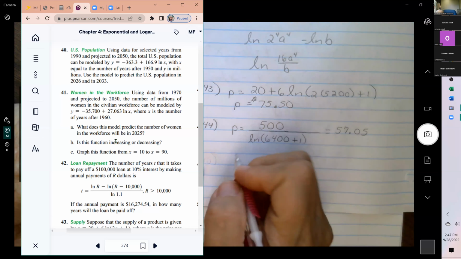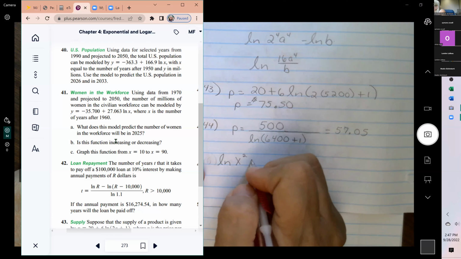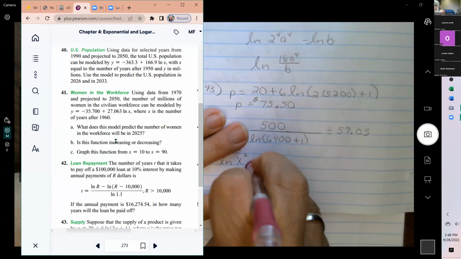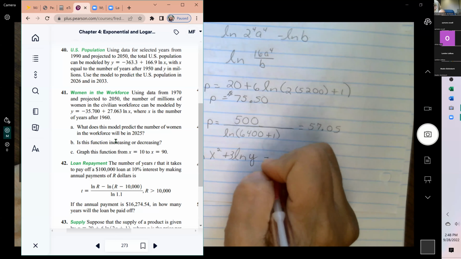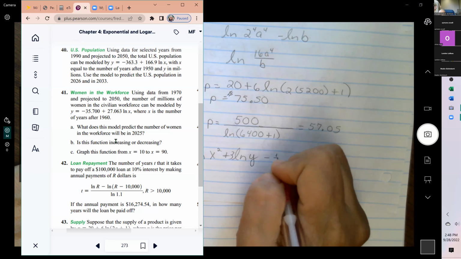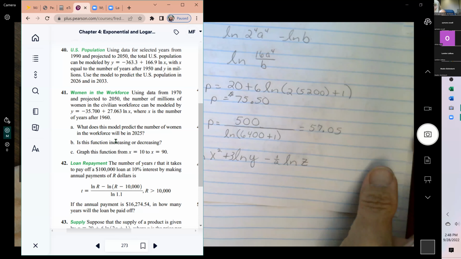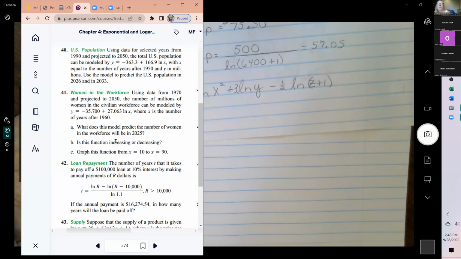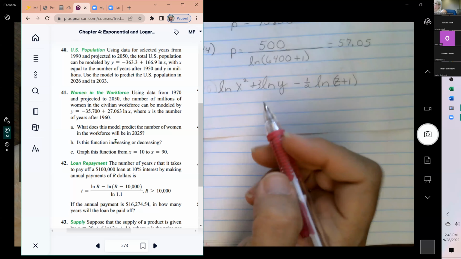When we have ones where you combine, okay. If we have the natural log of x squared plus the natural log of y cubed minus the natural log of z plus 1 to the 1/2, and we want to combine it as one, first thing we do is move our values up.